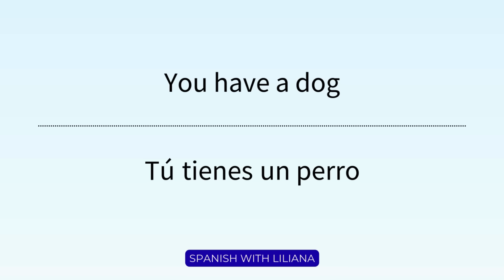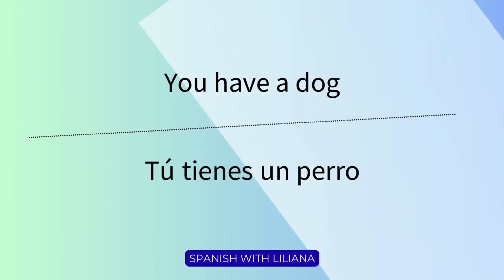This sentence structure is very similar to the English sentence, and you can substitute a dog with other vocabulary, like a car, for example. Tú tienes un carro. Just remember that the articles change in gender and number in Spanish. So if you want to say a house, it would be una casa. Una casa because casa is a feminine noun.